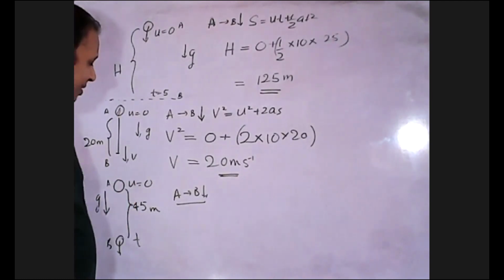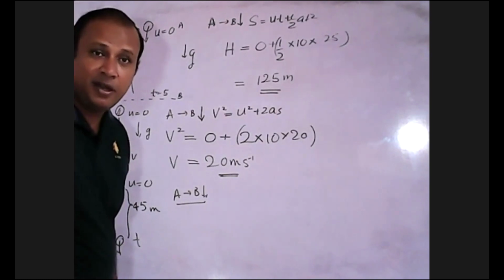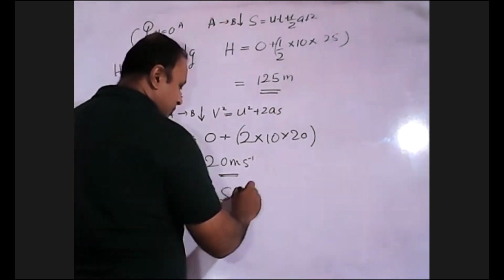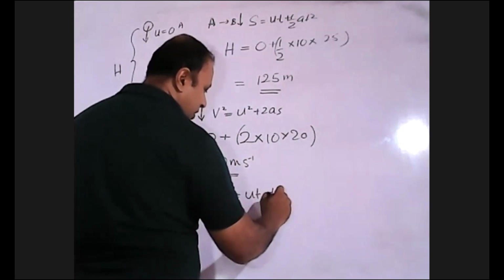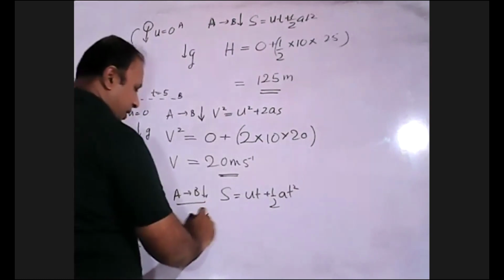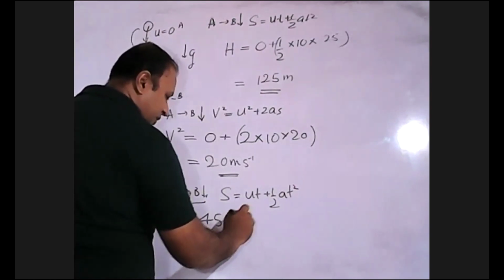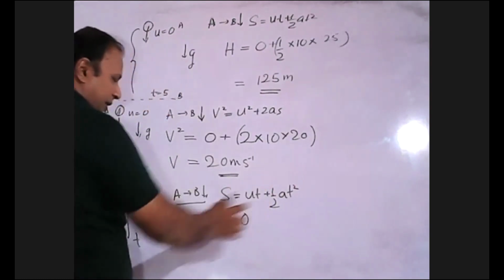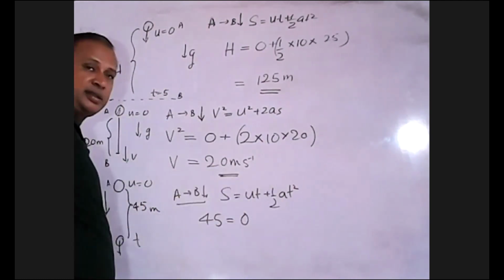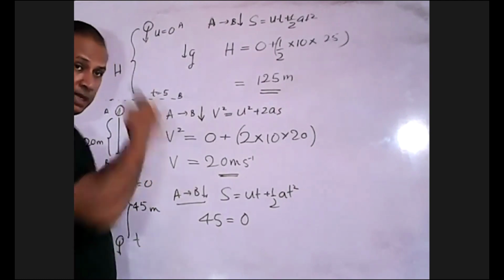Therefore, the equation is S equal UT plus half AT square. S is 45 because initial velocity is 0. Again, the selected direction and the direction of gravitational acceleration are same.